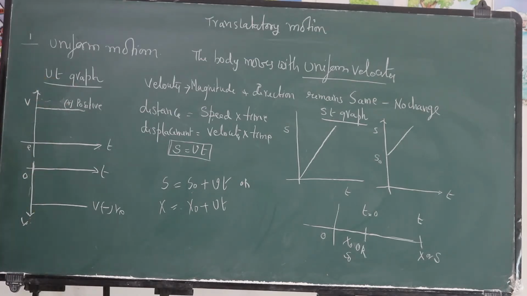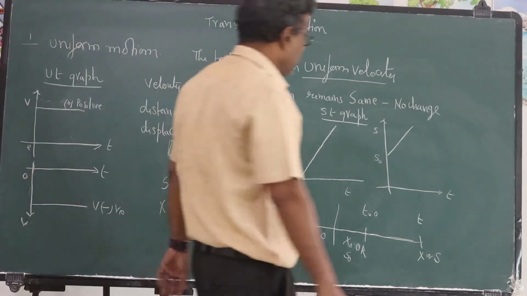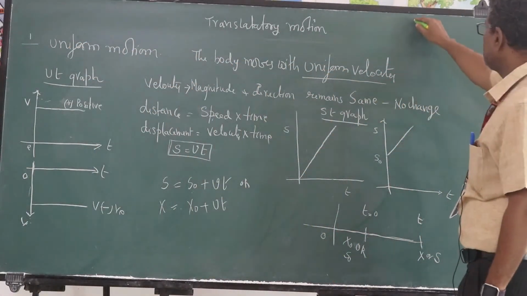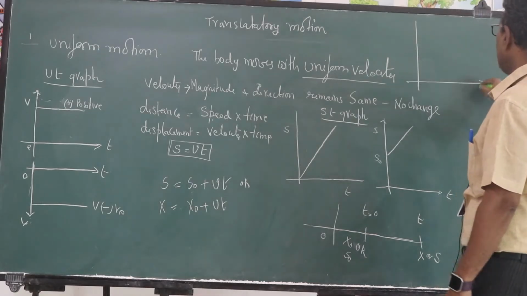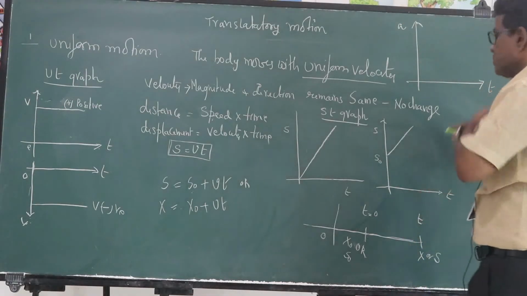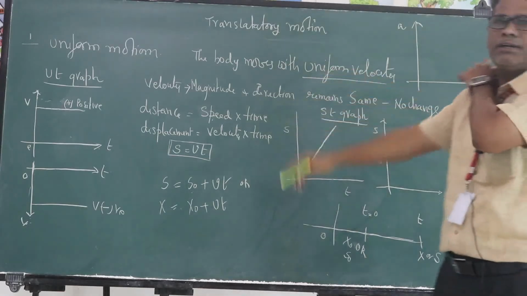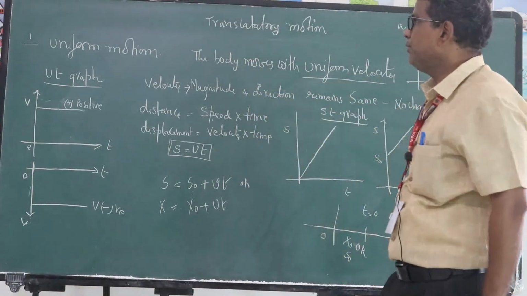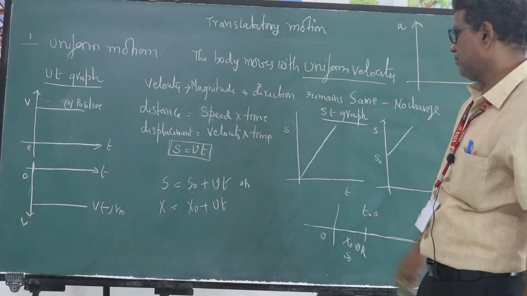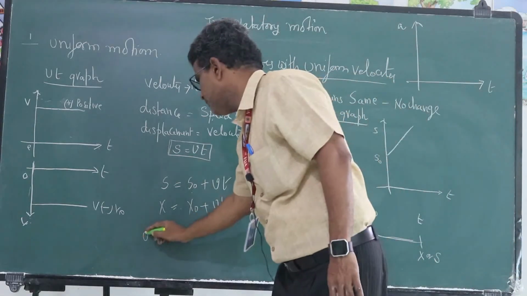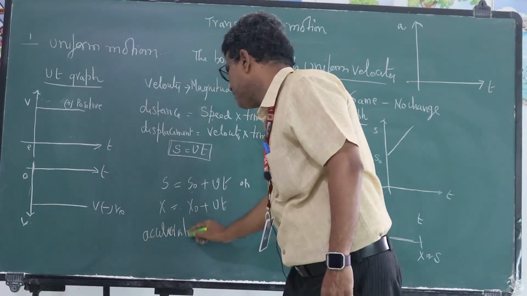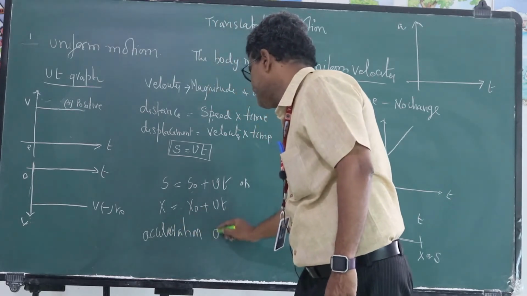I want the AT graph. So what is the AT graph? You draw a graph between acceleration and time. So what is the acceleration of this body? If a body moves with uniform motion, what is its acceleration? Acceleration is 0.